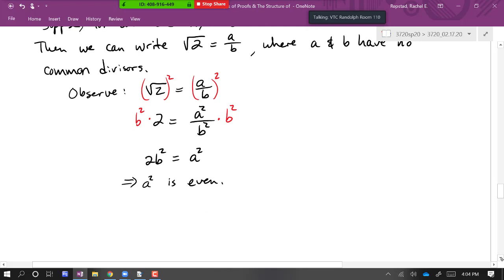Now, if a squared is even, look back on what we did last class. What does that tell us about a? An odd number times an odd number is an odd number, so we have to conclude that a is even.